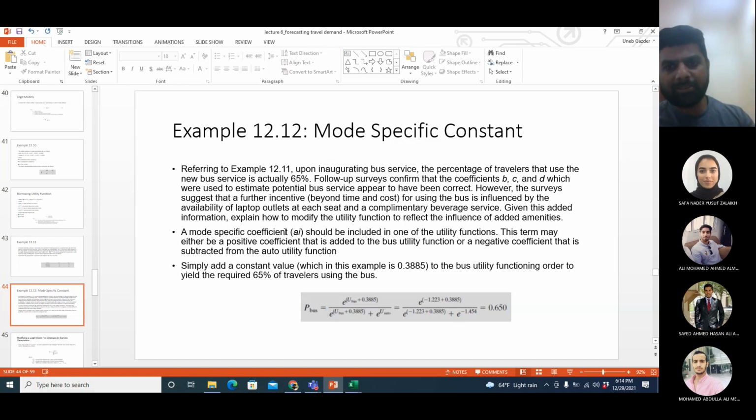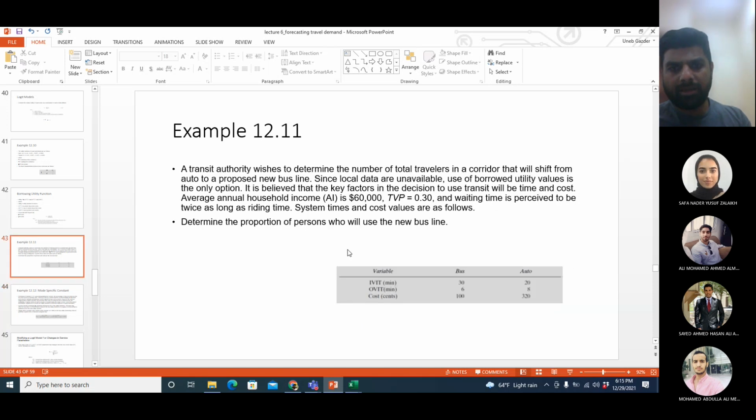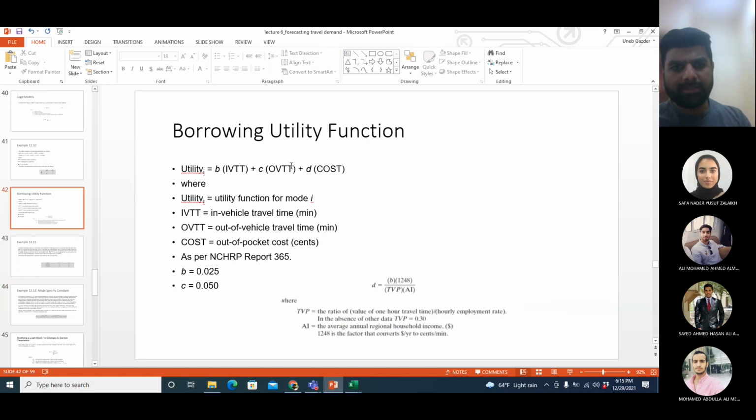So what they have done is they have introduced a more specific coefficient, a constant. If you see here, this equation did not have any constant. So they said we should introduce a constant here.